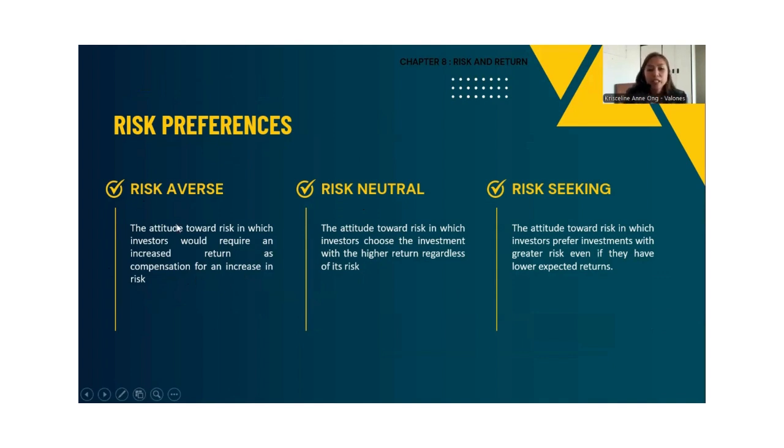If you're risk neutral, you choose to have an investment with a higher return regardless of its risk. Whether it is higher risk or lower risk, the most important thing for you is to gain a higher return. If you are risk seeking, your attitude towards risk is that you prefer a greater risk, even though there will be a lower expected return. So you are a risk taker.